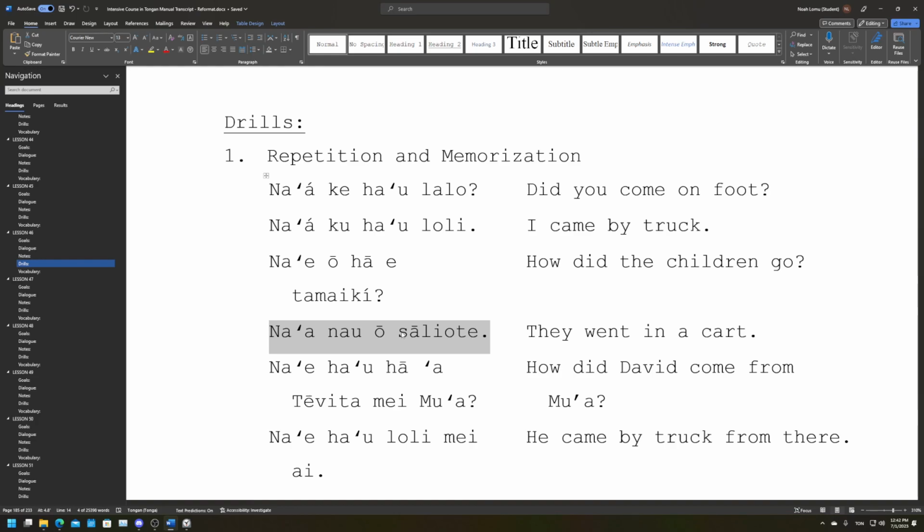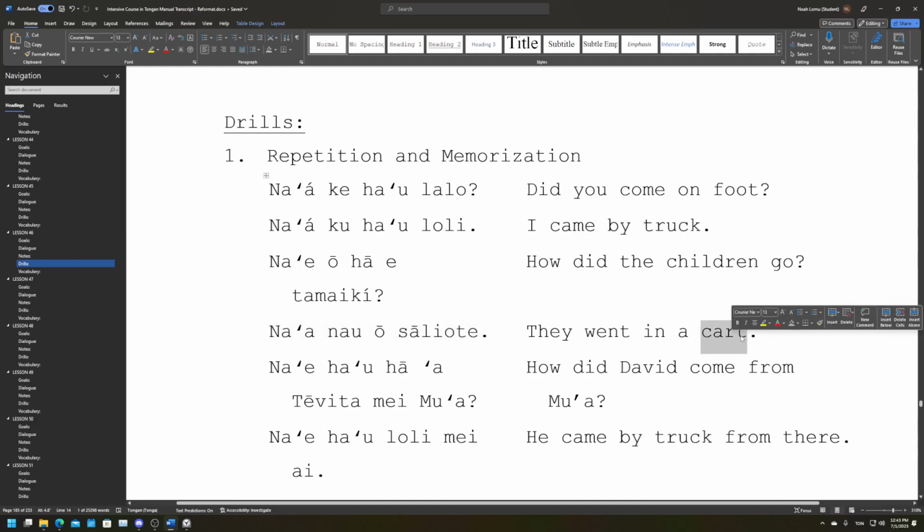Me'elele is probably the most common, followed by just ka and then saliote sometimes. I think that's just a result of when this was written. I guess it must have been more common, like cars must have been less common in Tonga. But now people don't usually push carts around. It's not common at all.